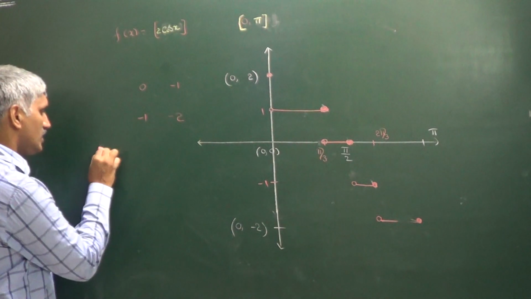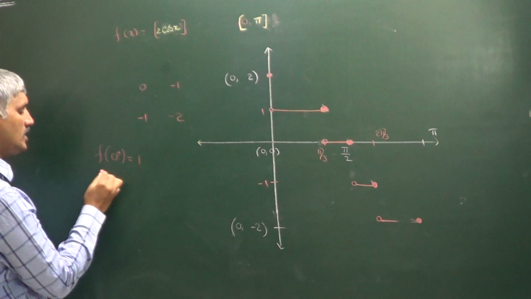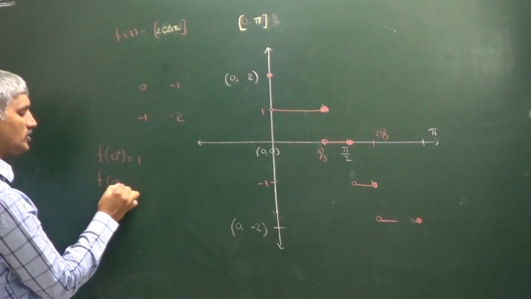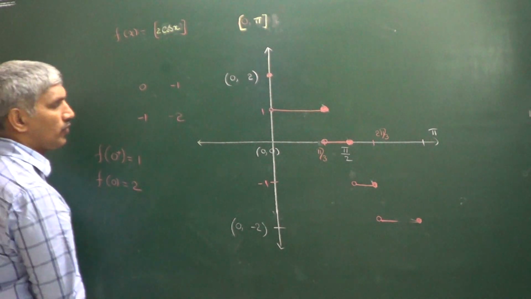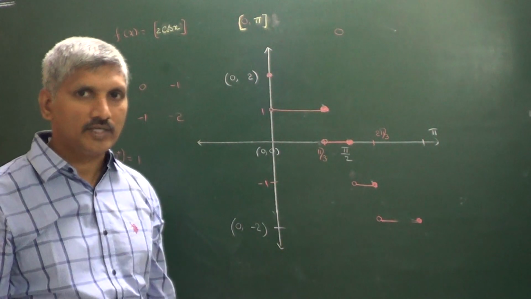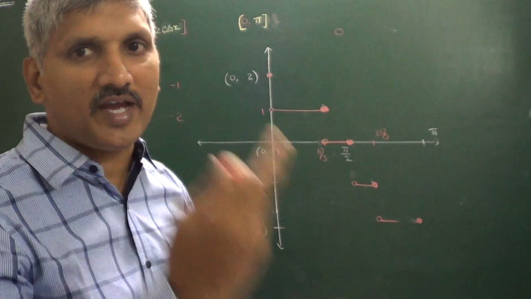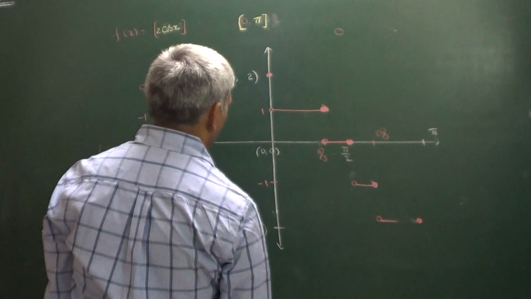So f of 0 plus is 1 and f of 0 is equal to 2. Therefore at 0 the function is discontinuous, right? Obviously at 0 there is a sharp edge, that's why it is not differentiable also.